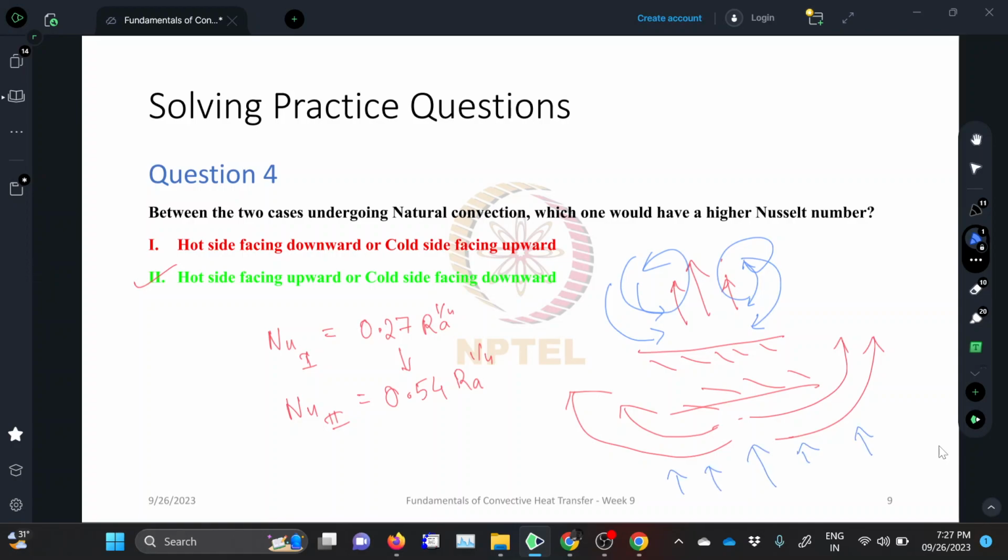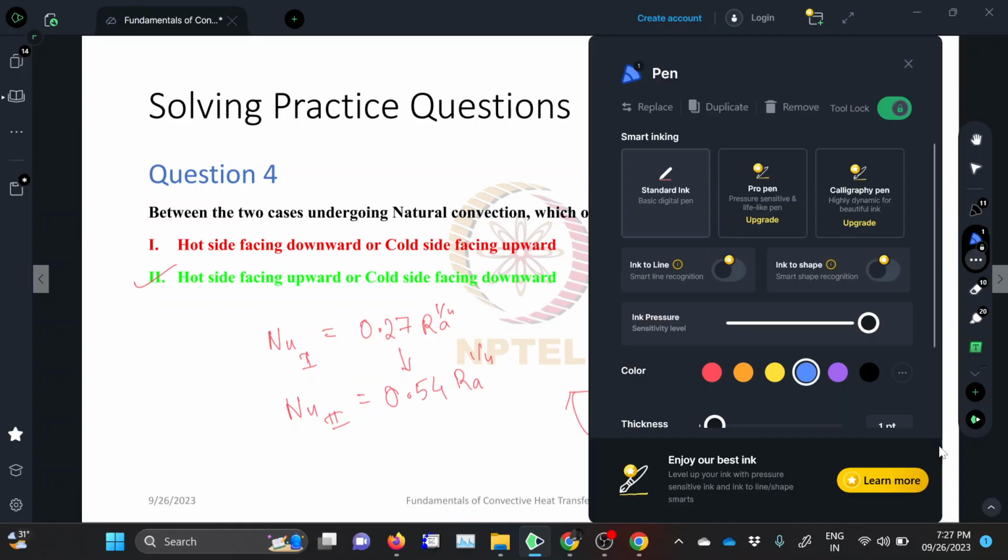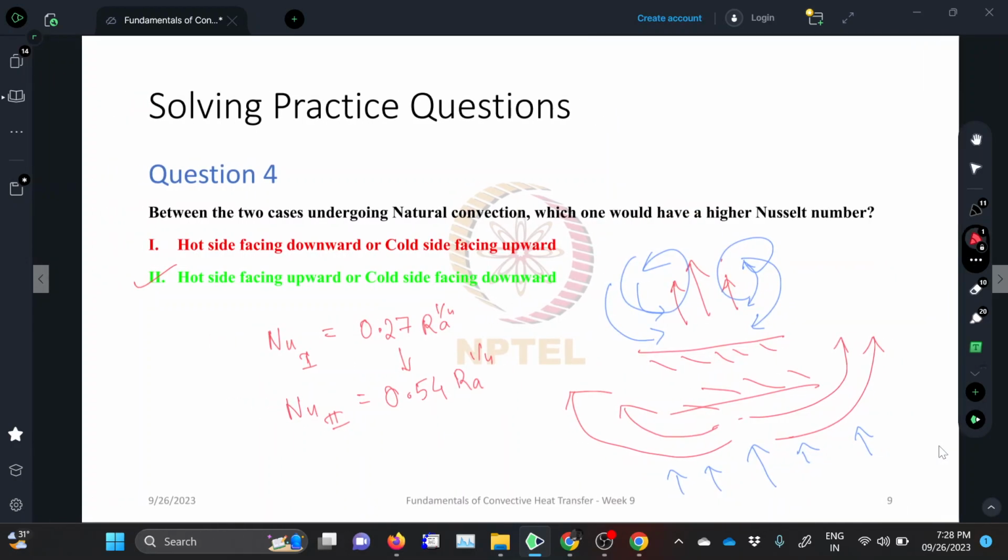But then again, this movement of the hot air away from the plate is not very fluid mechanically feasible. So that's why the Nusselt number for the second case is much higher than the first case. So this is case 1 and this is case 2.